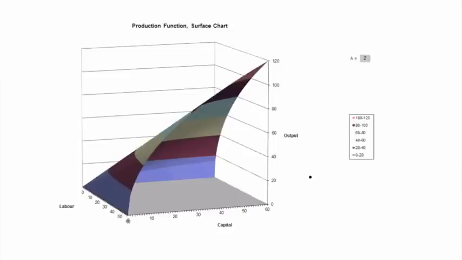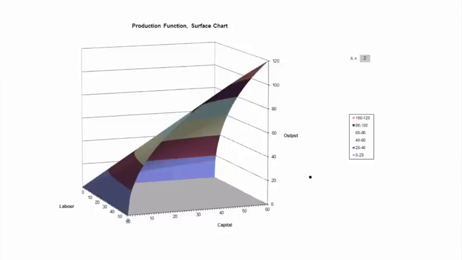One useful way of thinking about what we're seeing here is to move away from the production table, which is a bit cumbersome to work with, and instead illustrate visually what's going on. So what you're looking at here is another way of representing a production function using what's called a surface chart.